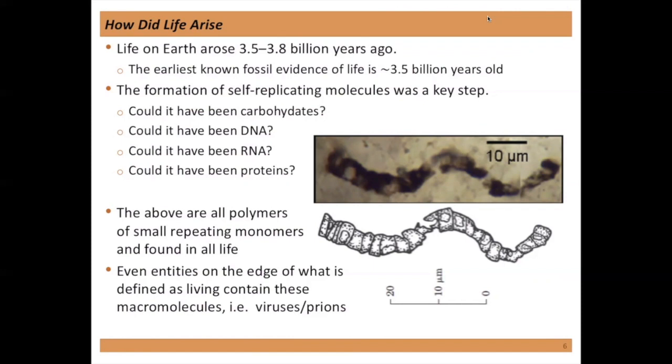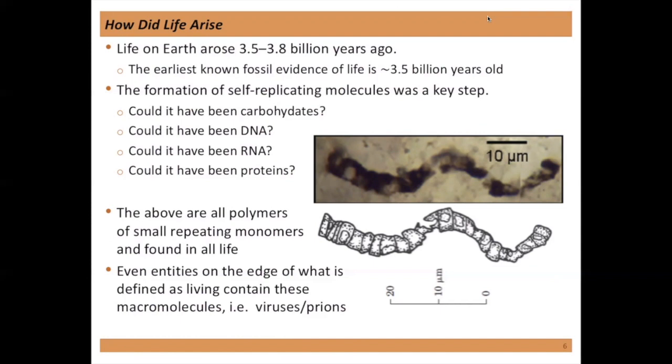So even entities on the edge of what we define as living contain these macromolecules. So viruses that you're hearing lots about, they contain these molecules. They contain carbohydrates, maybe not both DNA and RNA, but viruses will contain either DNA or RNA and proteins.